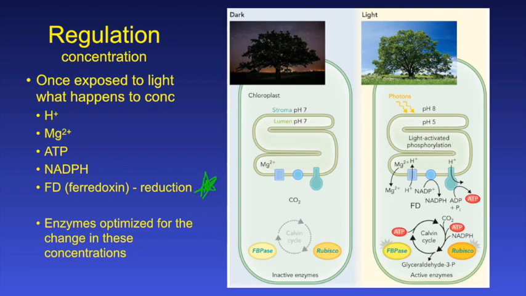You get ferredoxin in high concentrations in the stroma, and it's in the reduced form. Each one of these players is going to turn on or signal the enzymes for making sugar to go.